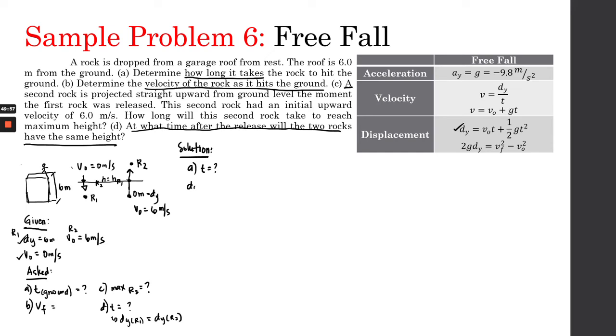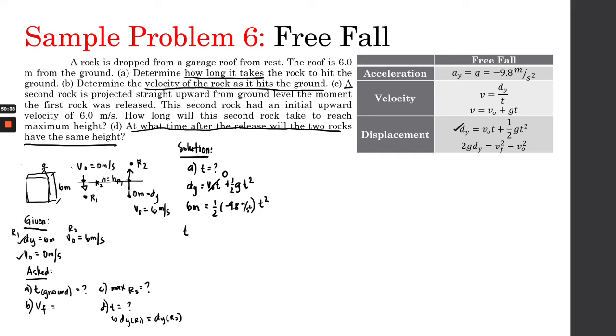So dy is equal to the initial velocity multiplied by time plus 1/2 gt squared. And as you know, rock 1 has an initial velocity of 0 meters per second, so we can remove that. And then just plugging in the numbers, we have that dy, the height that the rock drops, which is 6 meters, is equal to 1/2 times negative 9.8 meters per second squared times t squared.